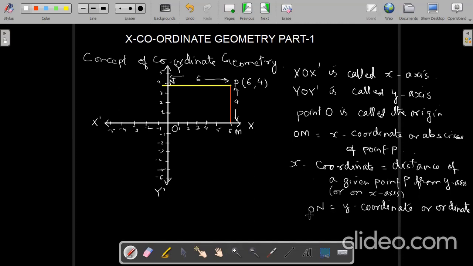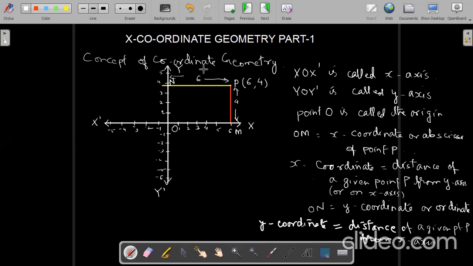And this distance, the y-coordinate, is the distance of a given point P from the x-axis.